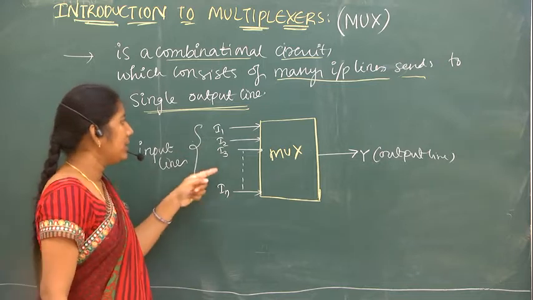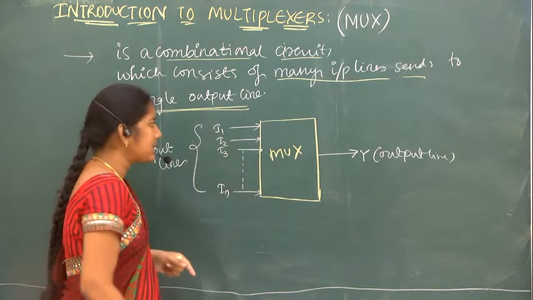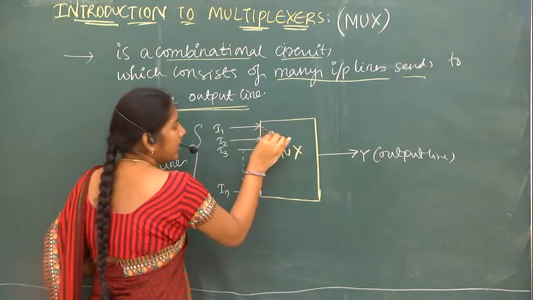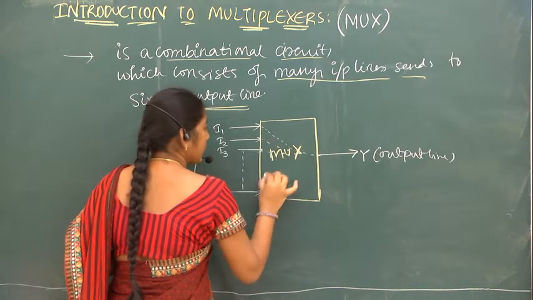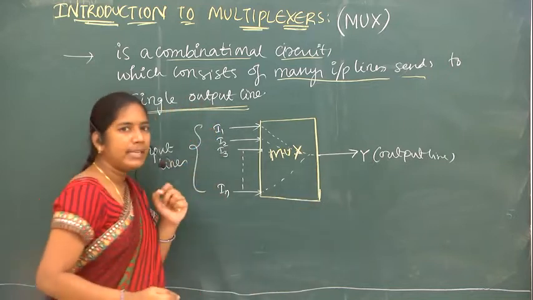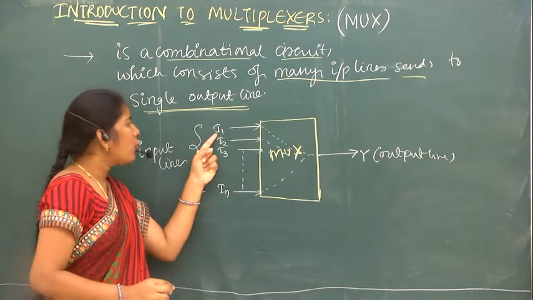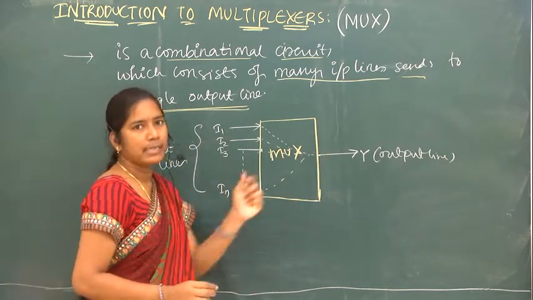From the definition, it always directs a single input line to the output. That means at every instant there will be only one value as output.